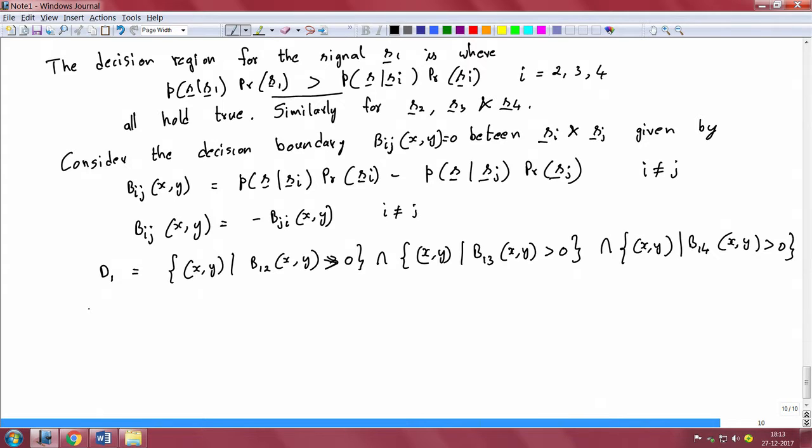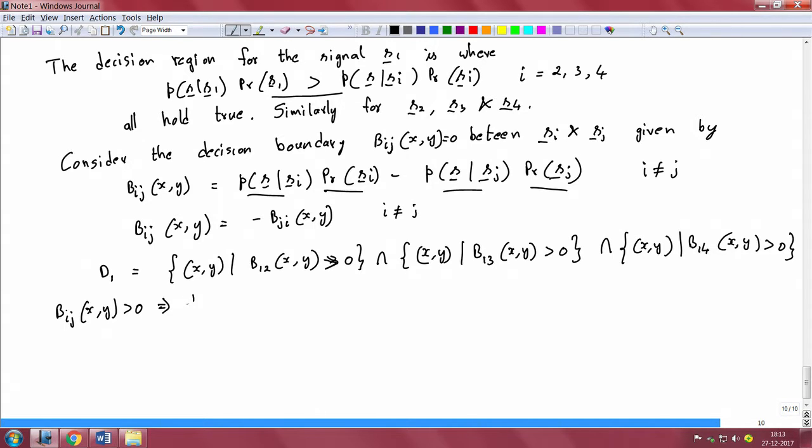So, let us look at this condition, Bij of x comma y is greater than 0. I substitute these terms from our earlier derivations.